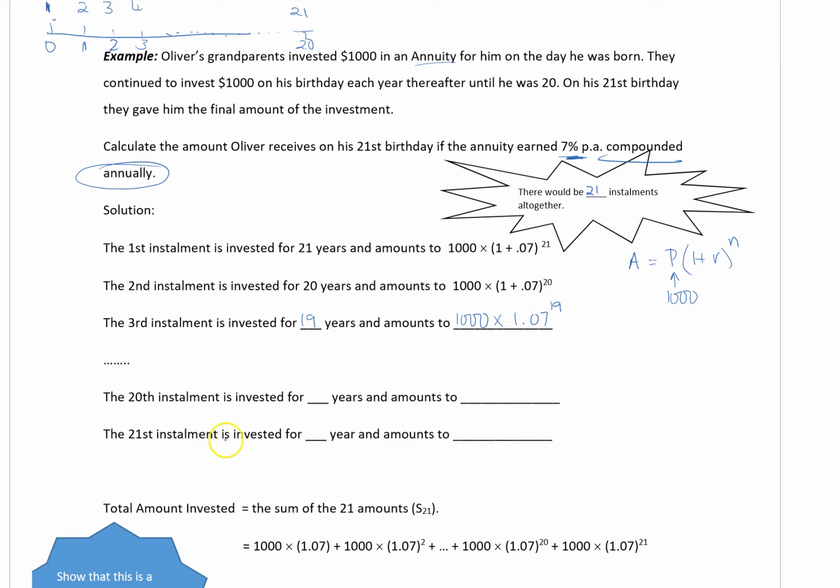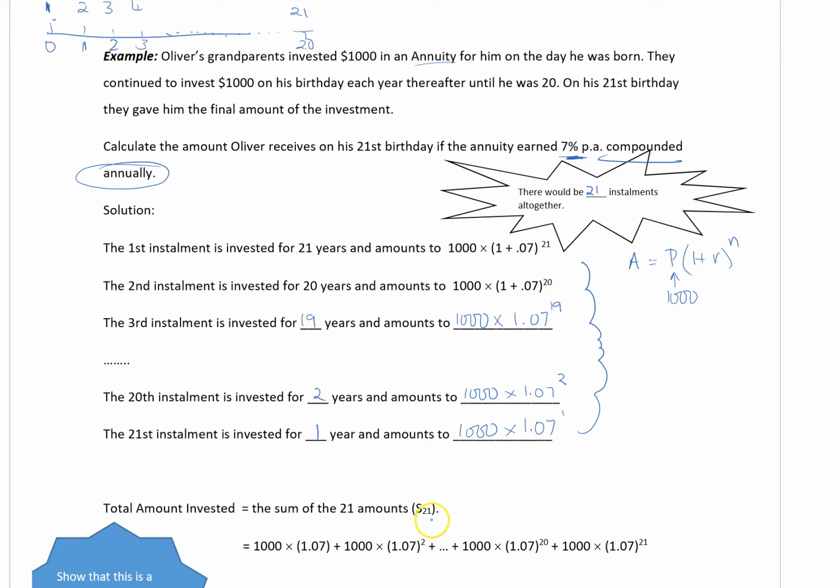The 20th installment is invested for 2 years, and it amounts to 1,000 times 1.07 to the 2. And the 21st installment, the one made on his 20th birthday, only sits there for 1 year, and it amounts to 1,000 times 1.07. Now, we sum these in reverse. So we know that the total amount that is invested is the sum of the 21 amounts.